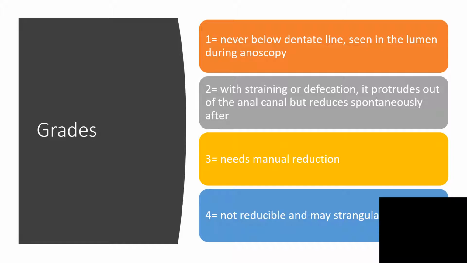Grade 3, there will be protrusion out of the anal canal. You can see it or feel it, and you need to manually reduce it. It is not going to reduce spontaneously like we found in grade 2. In grade 4, however, it is going to protrude out of the anal canal, but it is not going to be reducible.